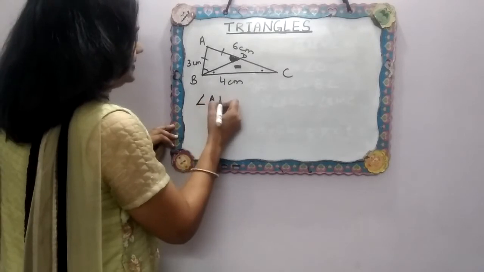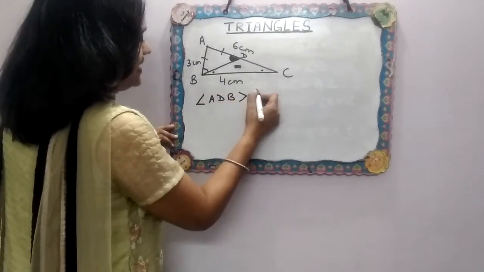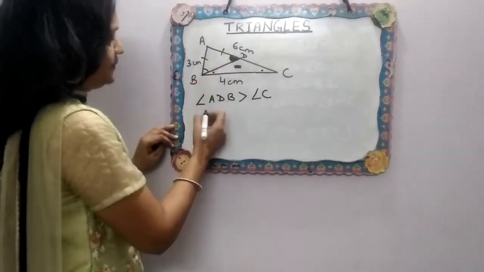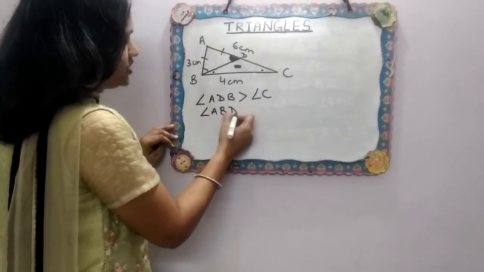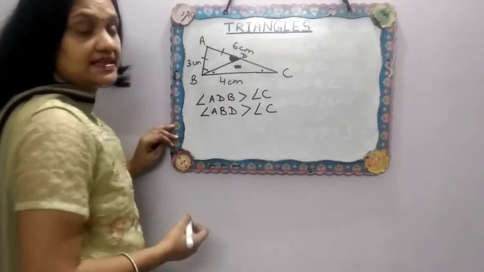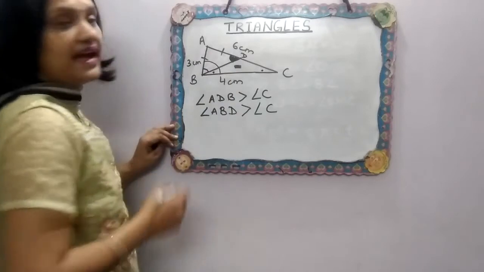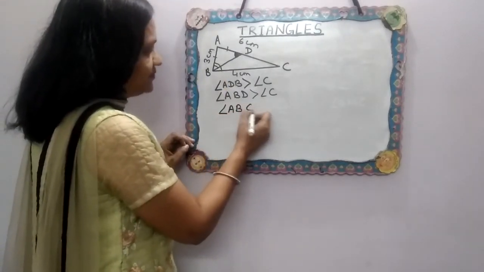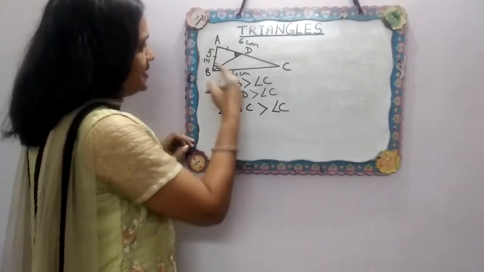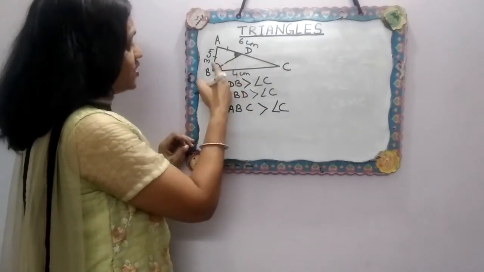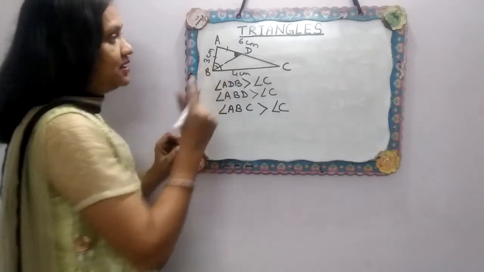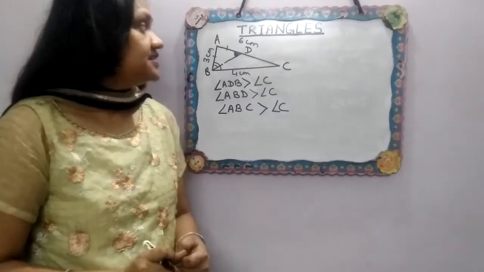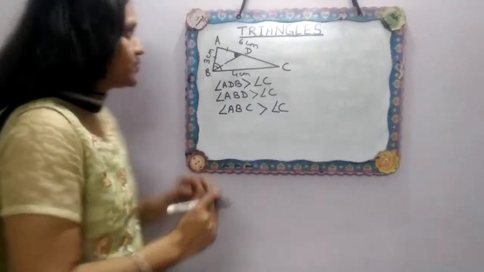So angle ADB is greater than angle C. Now instead of angle ADB, I can write angle ABD because both are equal. So angle ABD is greater than angle C. Now if we take this entire angle, angle ABC will be greater than angle C because this entire angle is obviously greater than this angle. So we are able to conclude that the greater side in a triangle has the greater angle opposite to it.